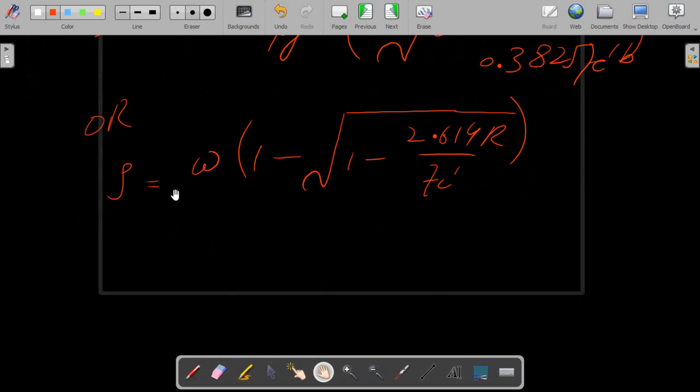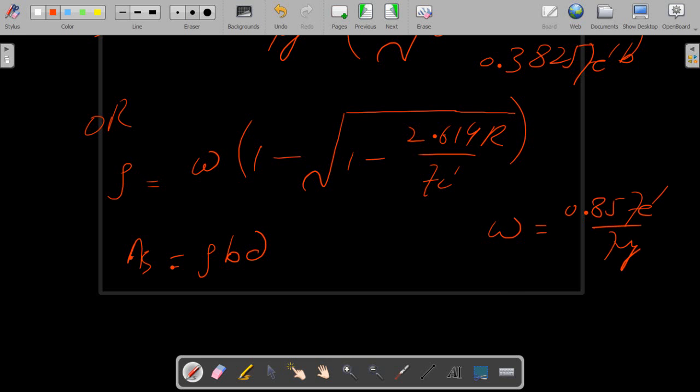We will directly calculate rho from this equation, and then area of steel equals rho times BD. We already determined BD, so we calculate rho from this. We know this omega, which is also denoted by m, equals 0.85 fc prime divided by fy, and R is nothing but Mu divided by BD square.